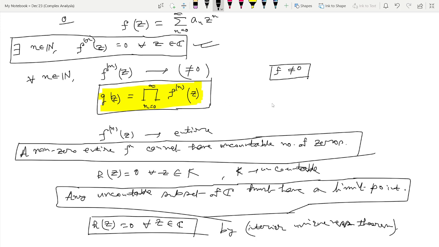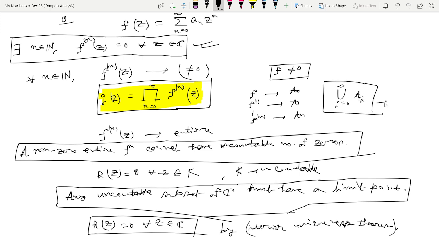The set of zeros of f_0 is denoted by A_0, the set of all zeros of f_1 is denoted by A_1, and so on, the set of all zeros of f_n is denoted by A_n. So clearly the union over i equal to 0 to infinity of A_i will be the set of all zeros of g.